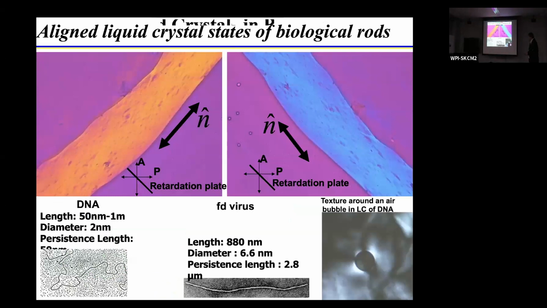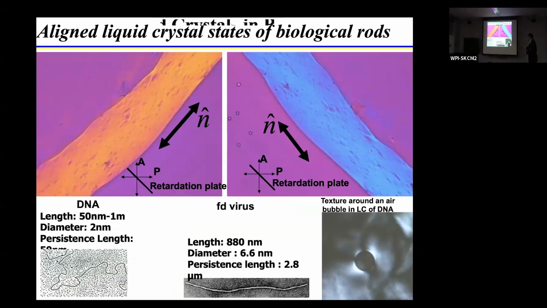And the very long DNA molecules like lambda phage DNA, you can extract from bacteria, 16 micron or so in length. Once you stretch, can form very nice crystals that Bart could study under polarizing optical microscope.